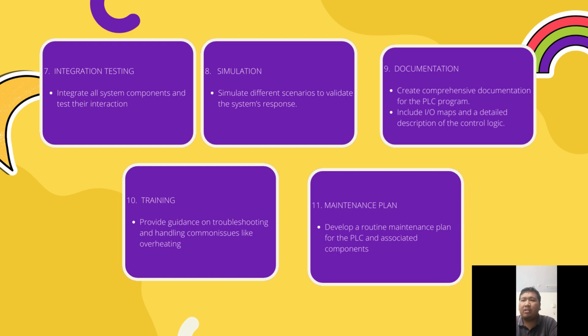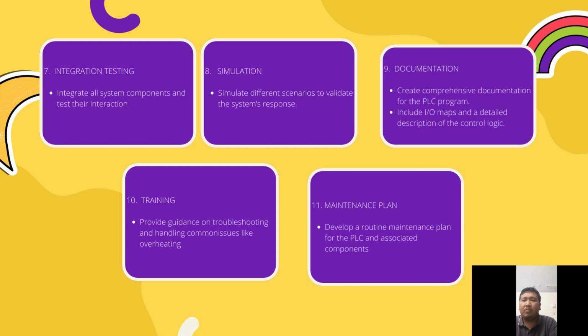Number 8 is simulation, which is to simulate different scenarios to validate the system response. Number 9 is documentation, which is to create comprehensive documentation for the PLC program, which includes a detailed description of the control logic.